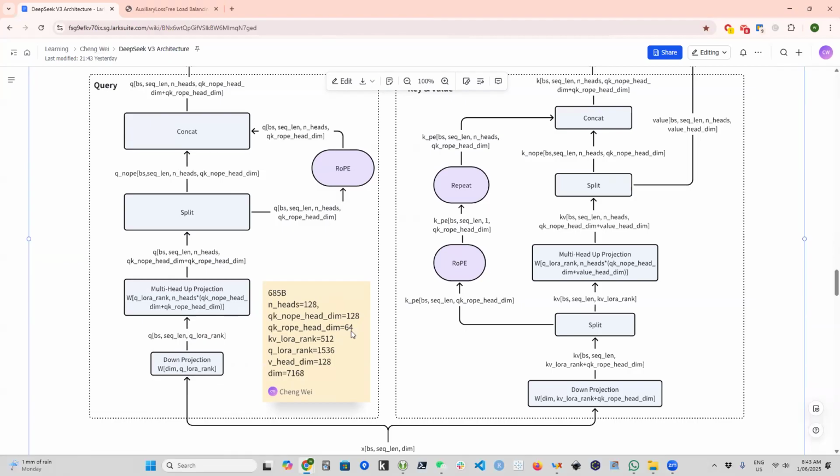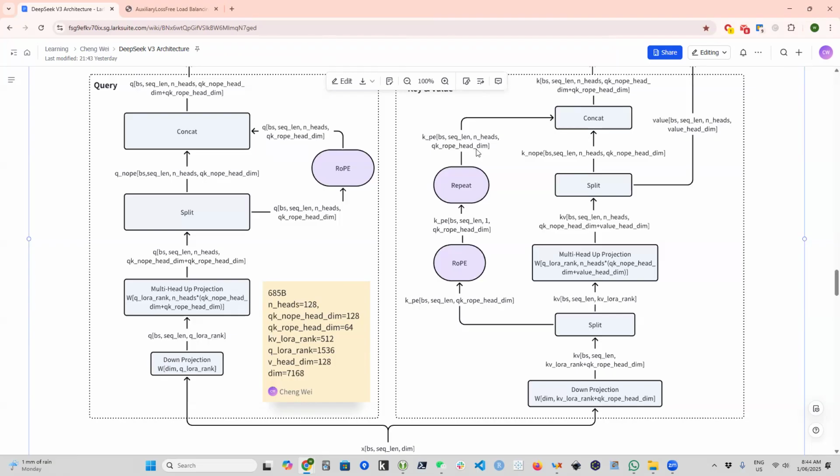So they concat, not add together, and the final dimension is the two put together, so it becomes 192.